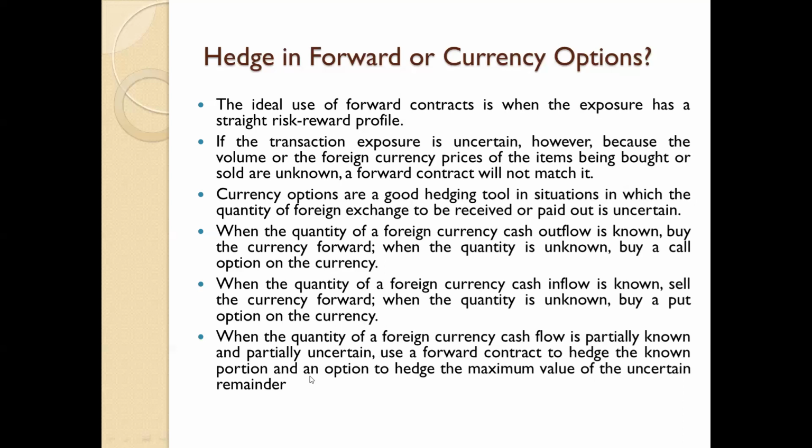Then we can use a combination of forward contract and currency option contract. So this is how people are minimizing transaction risk by using forward contracts and currency options. That's the explanation regarding transaction risk minimization techniques in hedging.